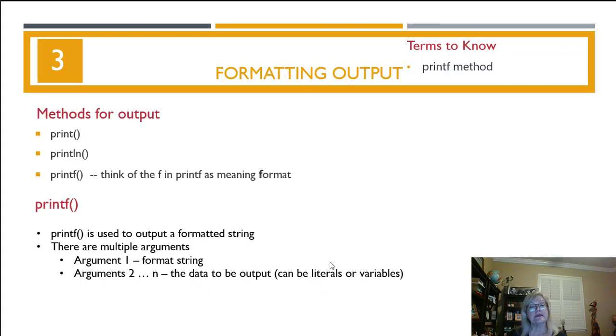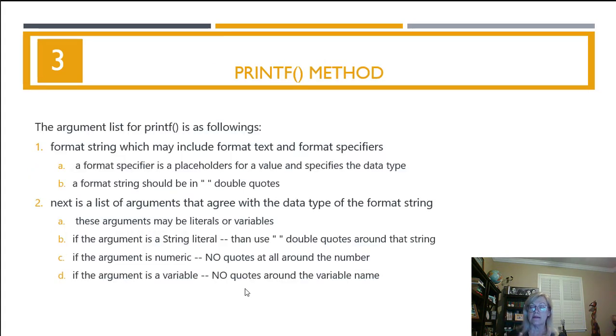We know that there's a print statement. We know there's a print line statement, but you can get a little bit fancier in your output if you use the printf statement. Printf statement is going to take more than one argument. Remember the pow? The Math.pow had two arguments, the base and the exponent. In the printf, the first argument is going to be what we call a format specifier. And the format specifier is going to go in quotes like a string literal. And in there, you're going to put little formatting characters, and we'll go through what some of those are.